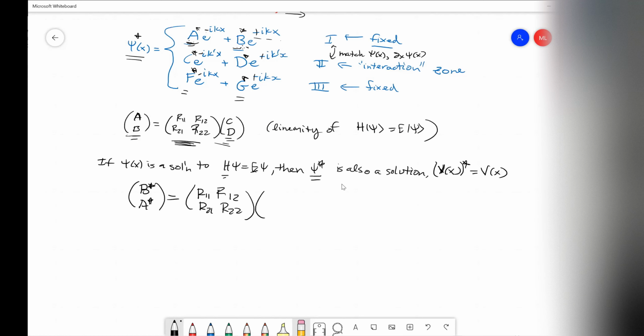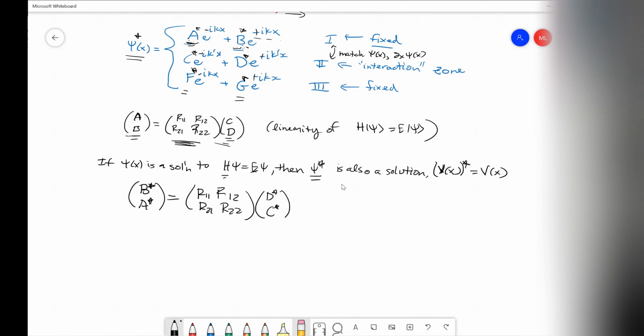And these must be connected to D star, C star, because psi star is also a solution to the Schrodinger equation, so the solutions must match in the same way across regions 1 and 2, for example.